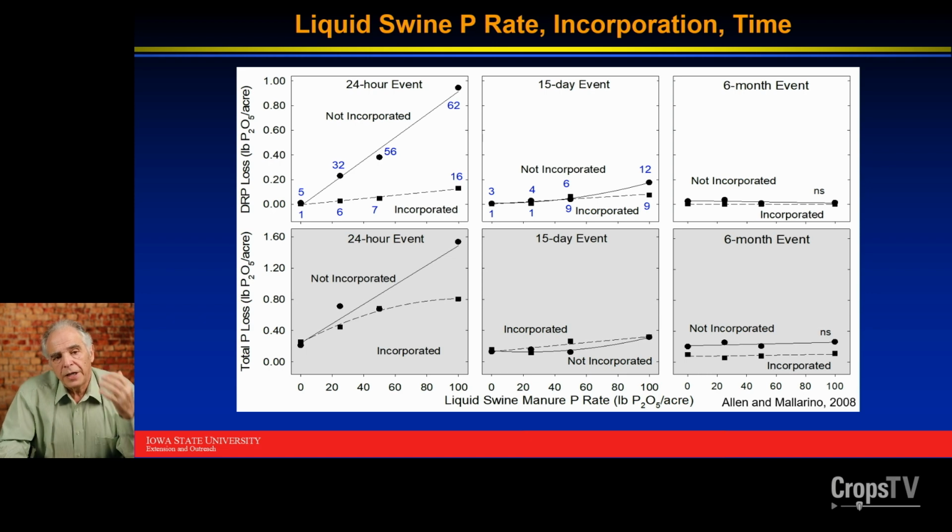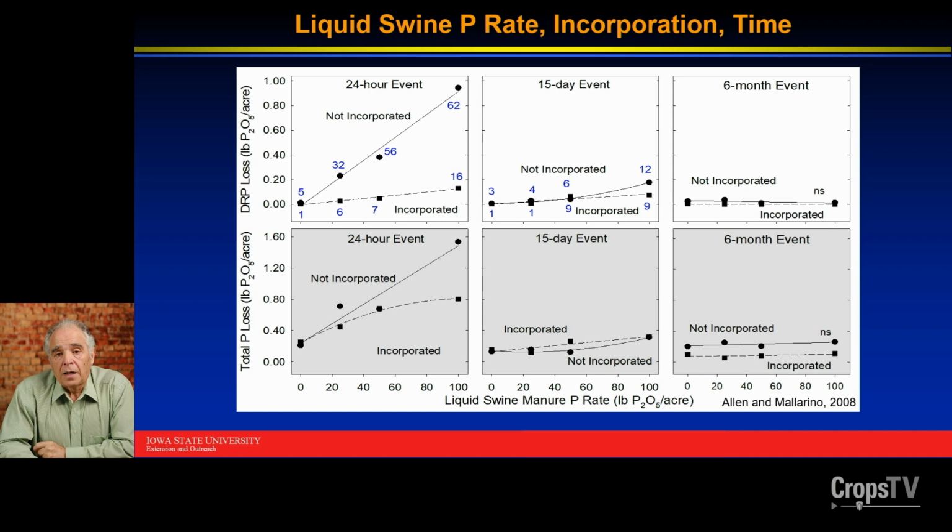Okay, so it's very key, those that apply P on the surface, just waiting for a while can reduce surface losses a lot. And that's my problem with some policies in Ohio and around the Great Lakes, that they are essentially telling people not to apply P in any way to the surface, that they should do tillage if they're going to do that. Well, I don't know. As I said before, it rains more there in the fall than here, and there is much more snow.